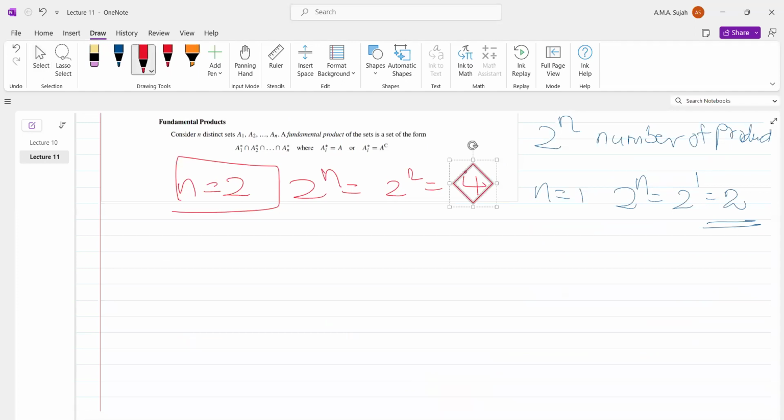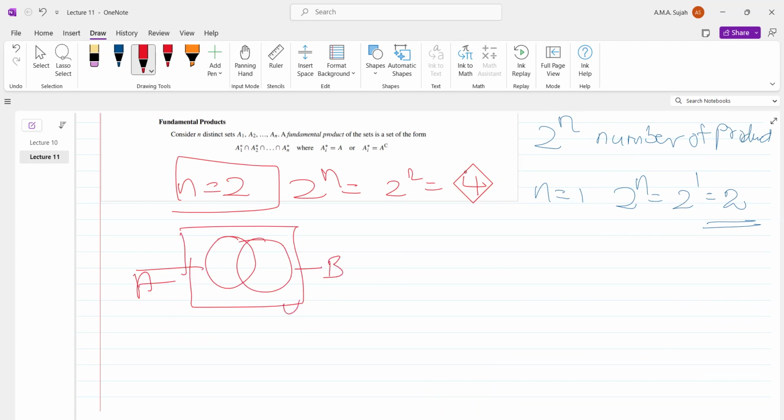Just look at the previous example. You have two sets, A and B. This is A, this is B, this is your universal set. So now tell me what are the areas you have? One area is this area. Another one, this area.